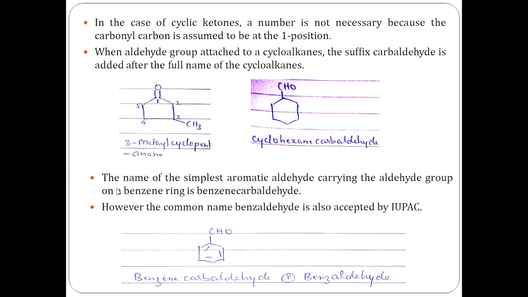The name of the simplest aromatic aldehyde carrying the aldehyde group on a benzene ring is benzaldehyde, or benzenecarbaldehyde. However, the common name benzaldehyde is also accepted by IUPAC.